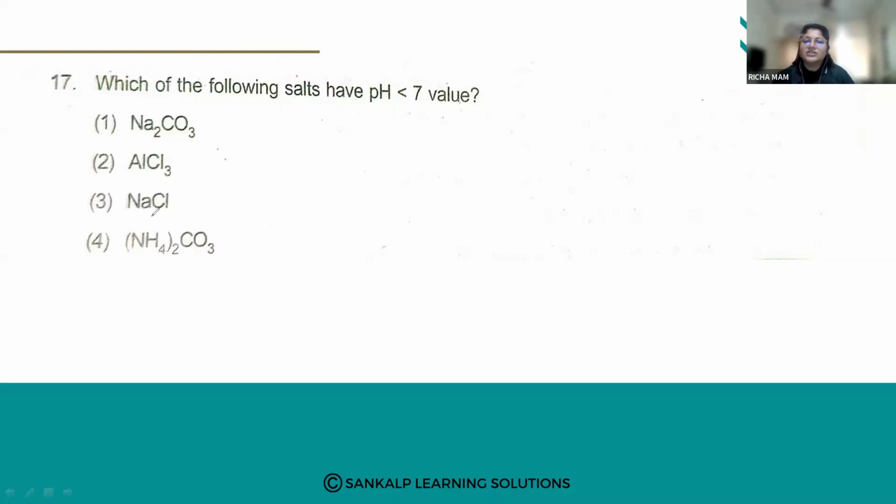Which of the following salts have a pH less than 7?